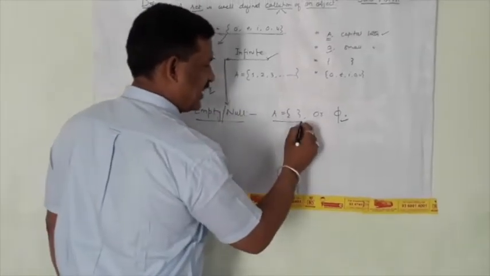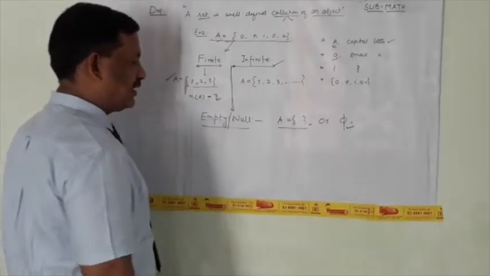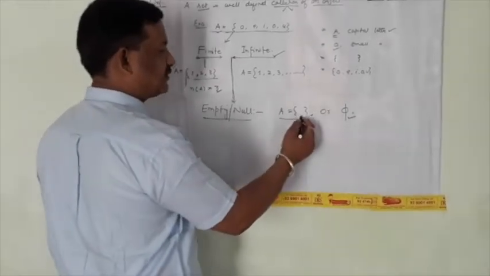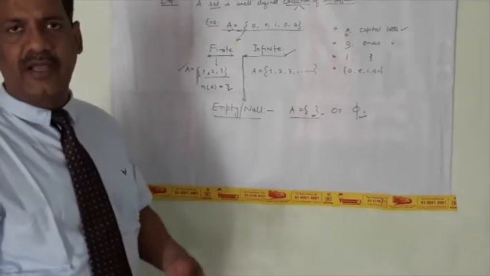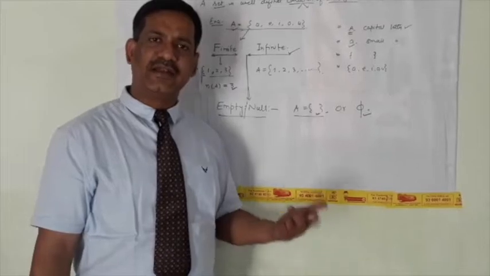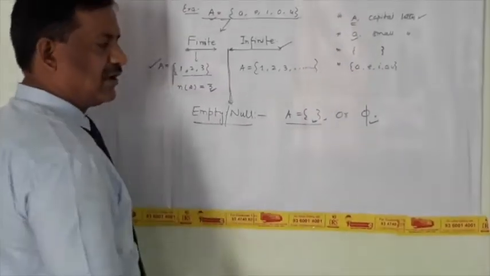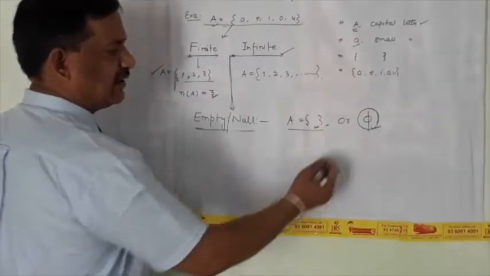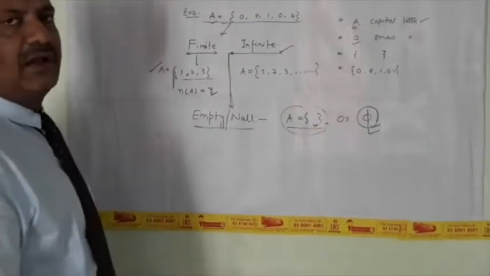And this set A equal to blank curly bracket shows that there is no element in this set, so that is why this is an example of an empty set. By definition, we can say that if in a set there is no element, this is called an empty or null set. This set is also denoted by the symbol phi, or with the use of a blank curly bracket.